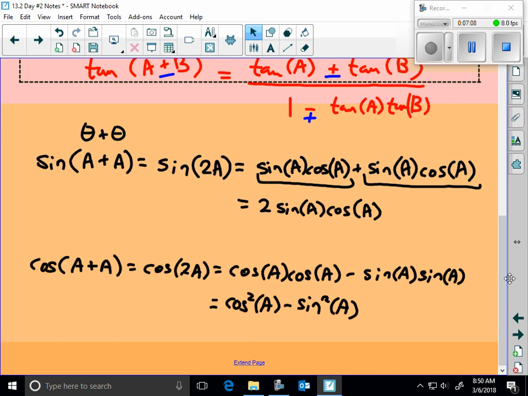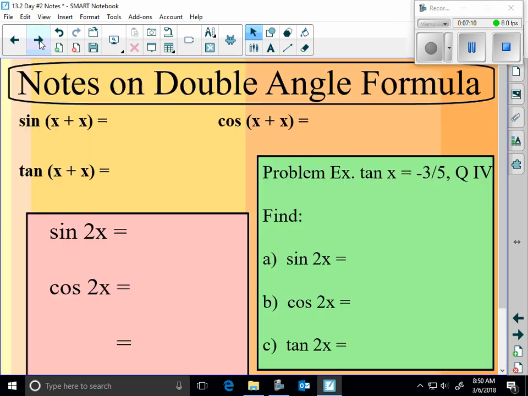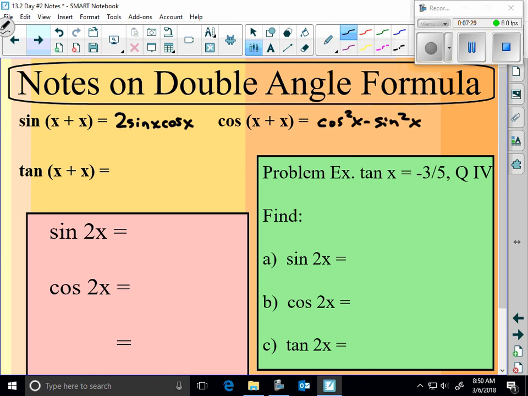Let's put that all together on the next page. We just said that sine of x plus x is going to be 2 sine x cosine x. This is where you want to collect this stuff, kind of keep it centralized. Here I'd have cosine squared x minus sine squared x. And tan 2x, ooh, that's an interesting one.